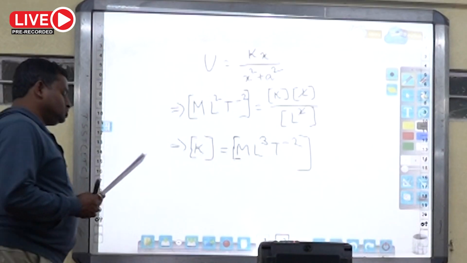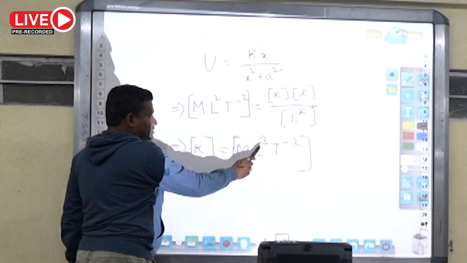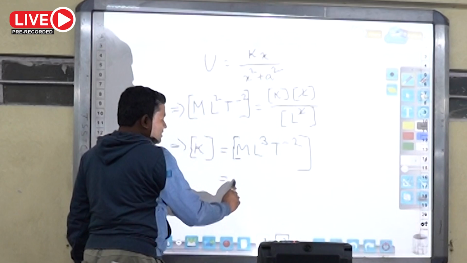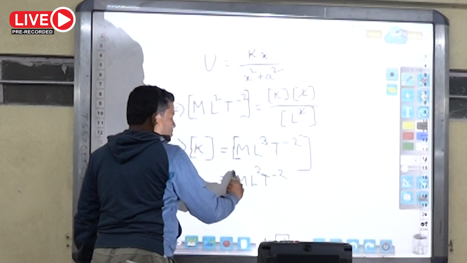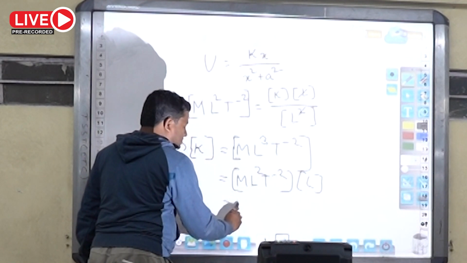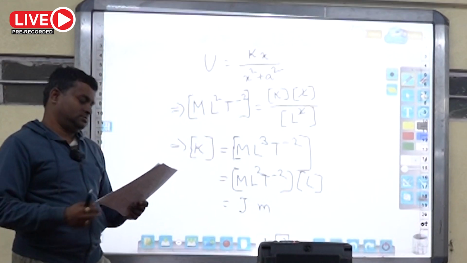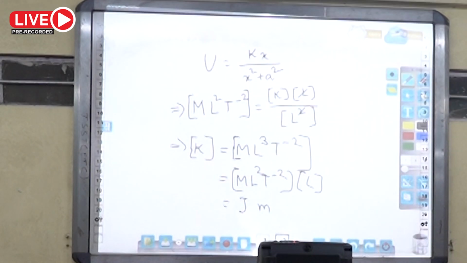Then the third one, joule. This is energy, and we multiply with L, so that unit will match. So this is M L square T to the power minus 2 into L, that means joule into meter. Joule into meter is the only correct option.